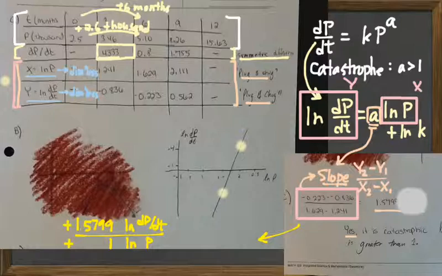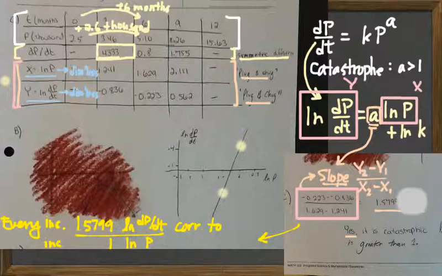So every increase by 1.5799 in the natural log of dp dt corresponds to an increase of 1 in the natural log of p. Okay. So again, we're in the situation where we've got the logs of quantities increasing.